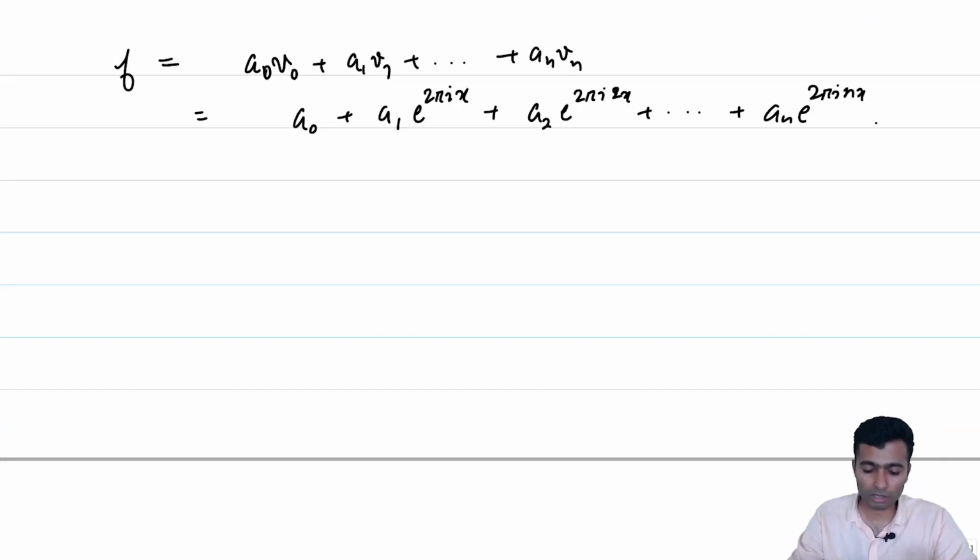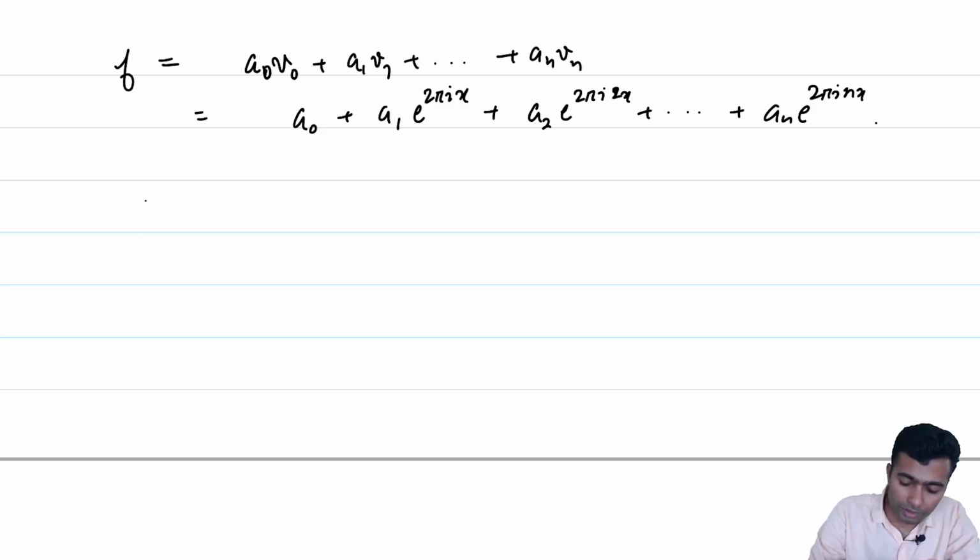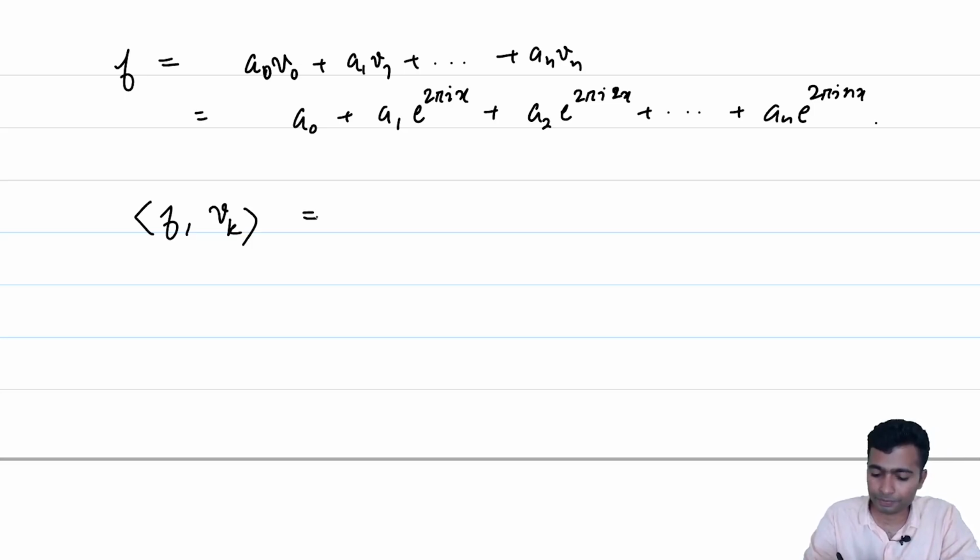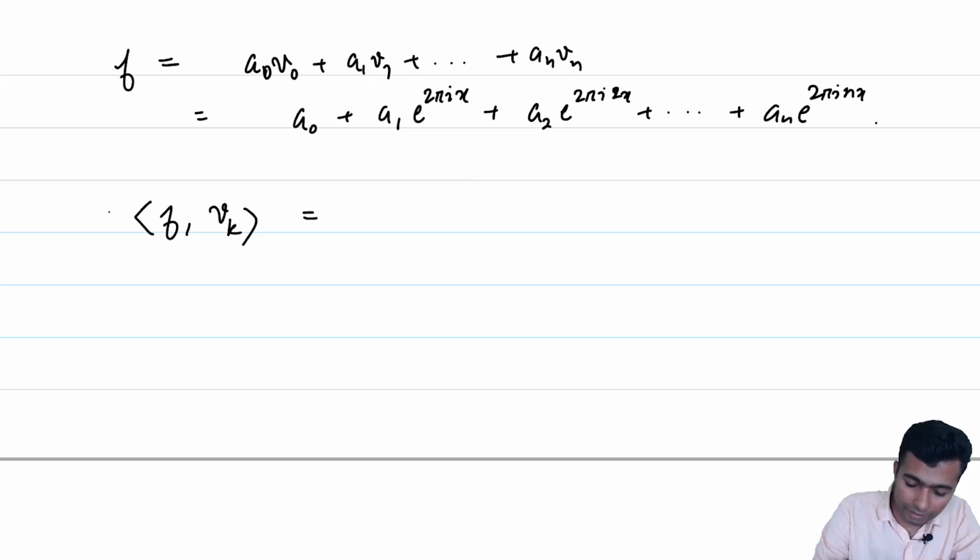So let's now apply whatever we have just developed to an arbitrary element in Tn. Then the inner product of f with vk is just going to give you, by whatever we just developed, our ak, right?